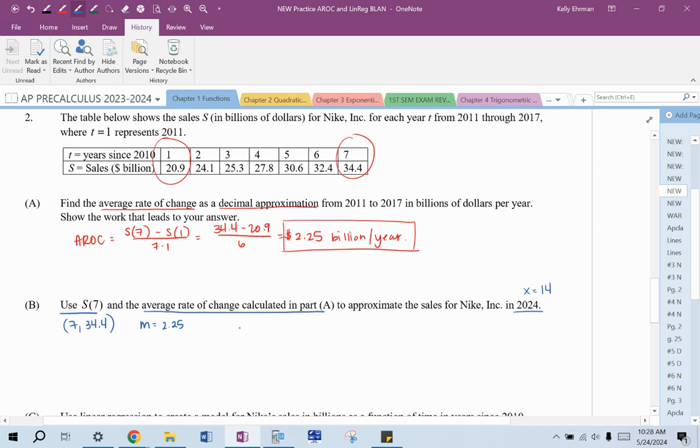All right, so let's just give an S of x equation to begin with. S of x is approximated by, let's do this, S of x minus 34.4, point slope, is approximately equal to our slope times x minus 7.